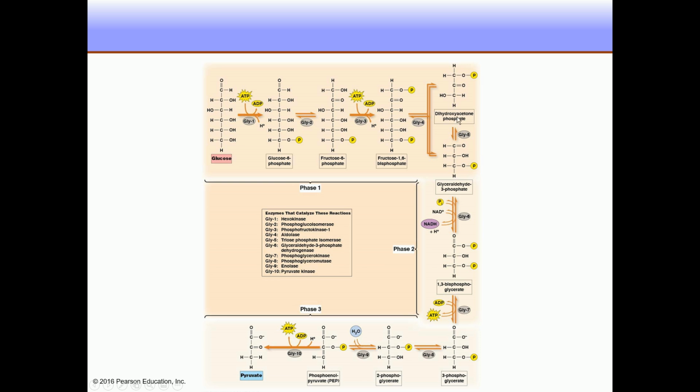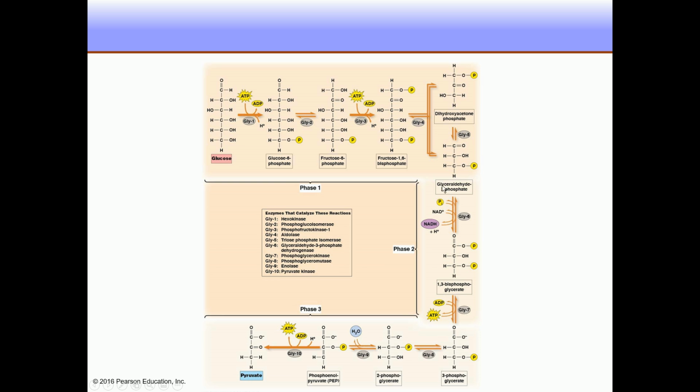Now glyceraldehyde 3-phosphate and dihydroxyacetone phosphate are also isomers, and the dihydroxyacetone phosphate is converted into glyceraldehyde 3-phosphate with the help of the enzyme called triose phosphate isomerase. So they are interconvertible, they can be converted into each other.